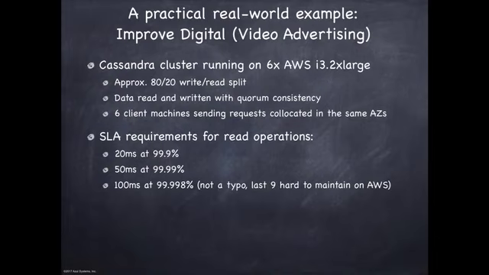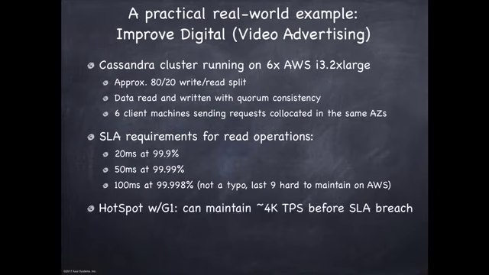Their service level agreement was 20 milliseconds for 99.9% of the time, 50 milliseconds for 99.99%, and 100 milliseconds for 99.998%. So rather than 5 nines, it's 4 nines and an 8, just because of the way things worked with the AWS instances. Using Hotspot with the G1 garbage collector, they could maintain 4,000 transactions per second before they breached that service level agreement.